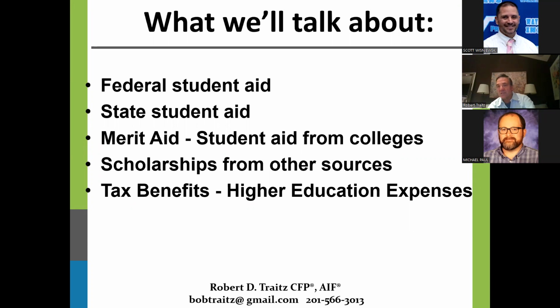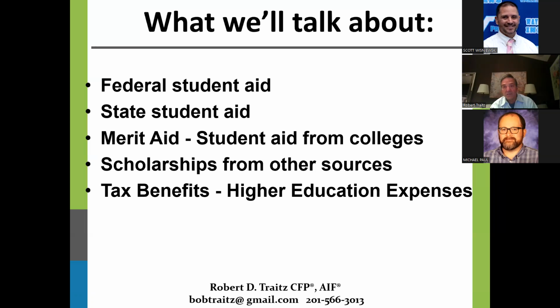There is state financial aid from the state of New Jersey. If you're a New Jersey resident and your student decides to attend school in the state of New Jersey, whether it's a private or a public school, you might be considered for state financial aid. Merit aid is the money that the colleges are able to dig deep into their pockets to share with you.